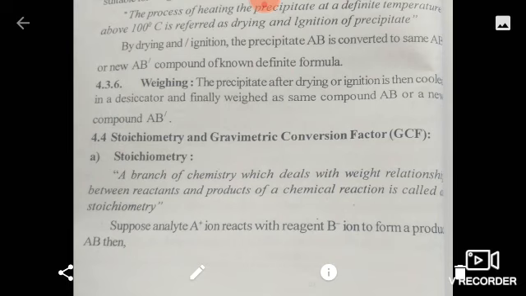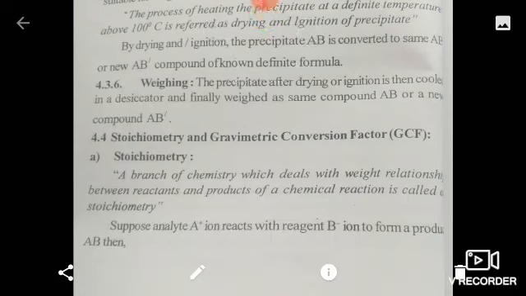in the given compound by using a formula, and we can also calculate the percentage of that given ion or element present in the given compound.